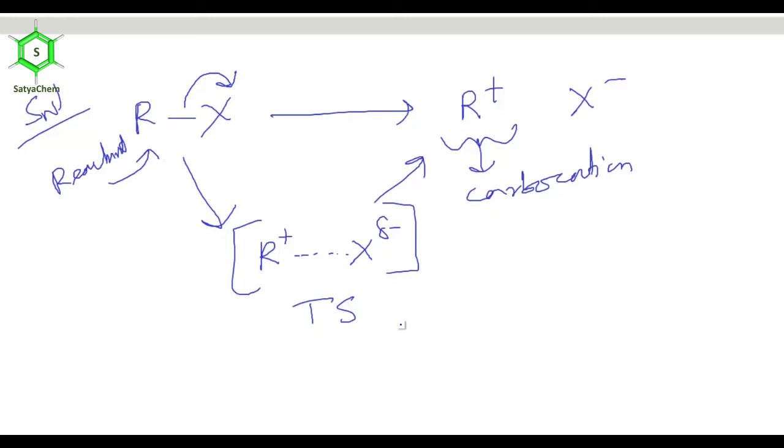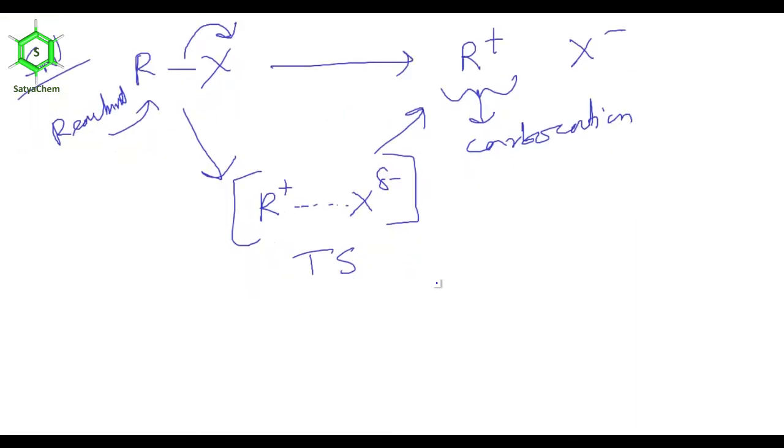So the transition state can be stabilized by a polar solvent, because polar solvent can stabilize a polar substrate. Clear? I'm going to give you an example, then it will be more clear.